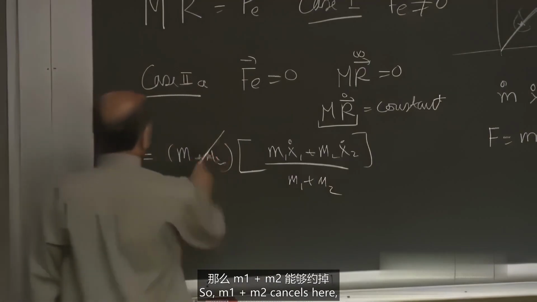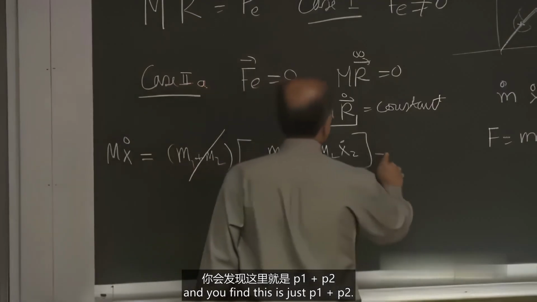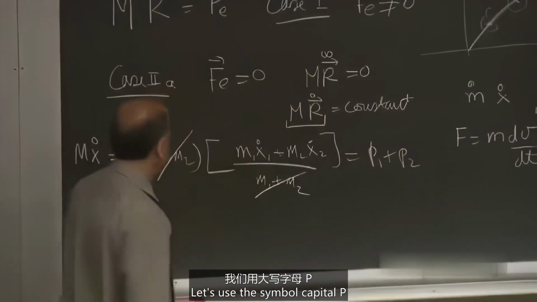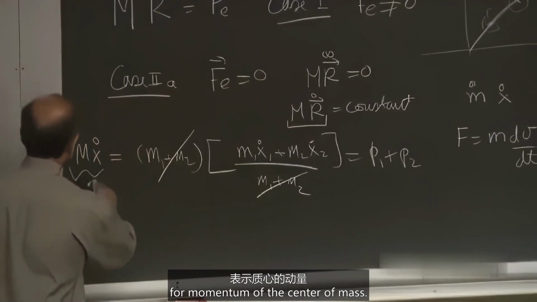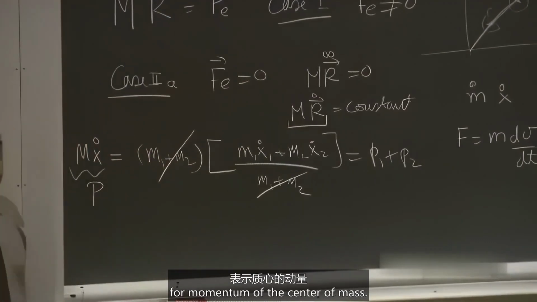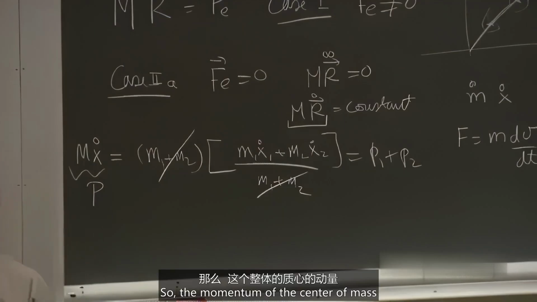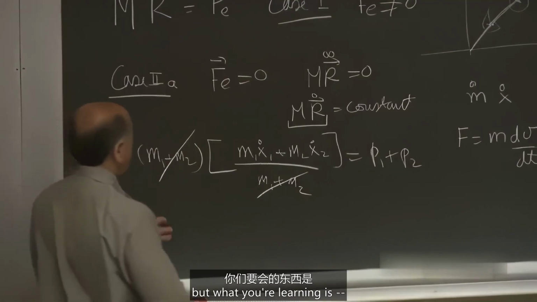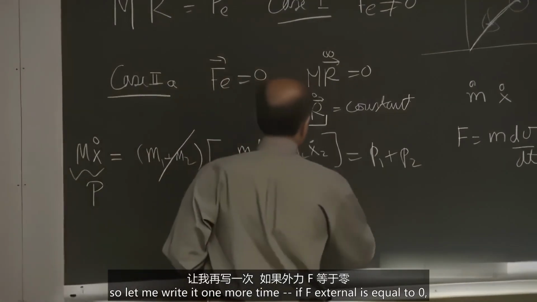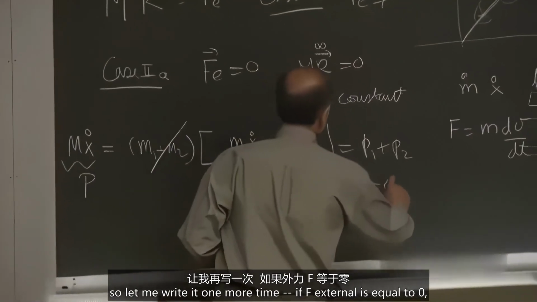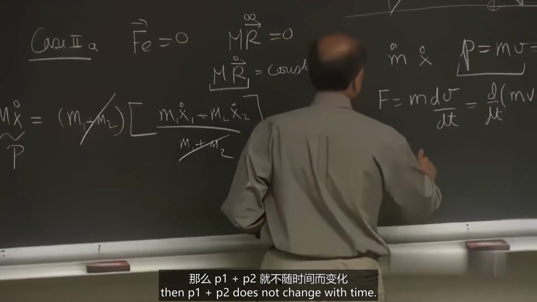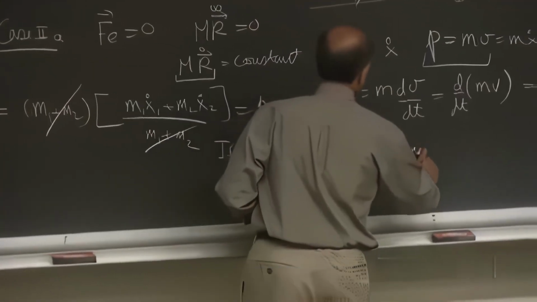So m1 plus m2 cancels here, and you find this is just p1 plus p2. Let's use the symbol capital P for momentum of the center of mass. So the momentum of the center of mass is the sum of the momenta of the two parts. Let me write it one more time: if f external is equal to 0, then p1 plus p2 does not change with time.